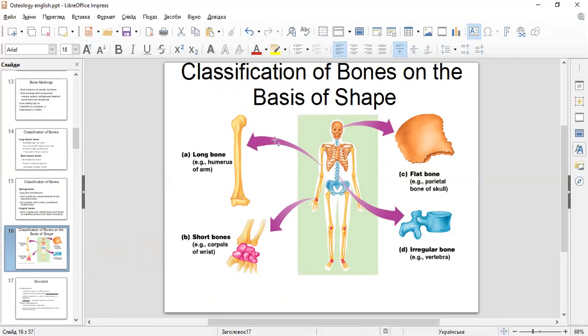Tubular bone, flat bone, irregular bone, sponge bone.